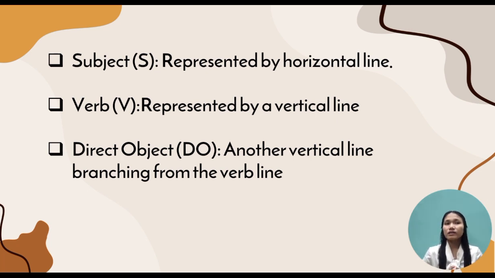And when our sentence has a direct object, it is represented by another vertical line branching from the verb line. But always remember that for a direct object, the vertical line should not overpass the horizontal line that we have.